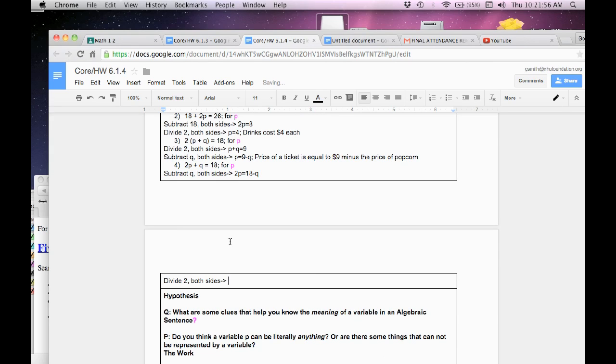And what that will get us is P is equal to 9 minus Q divided by 2.